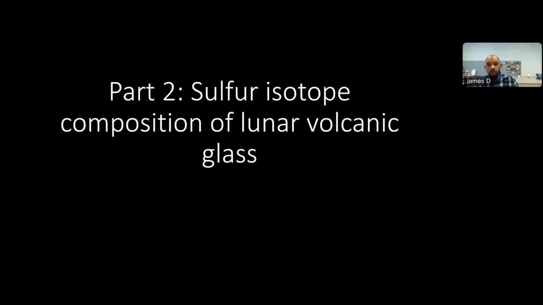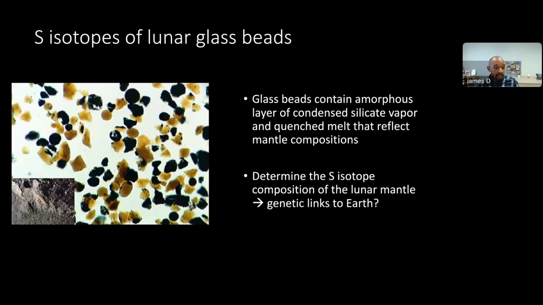So now I want to switch gears and discuss a related but different project where I analyzed the bulk sulfur isotope composition of lunar volcanic glass. So for this part of the study, I focused on orange and black glass beads. Again, these glass beads contain this amorphous layer of condensed silicate vapor, in addition to quenched melt that could reflect mantle compositions.